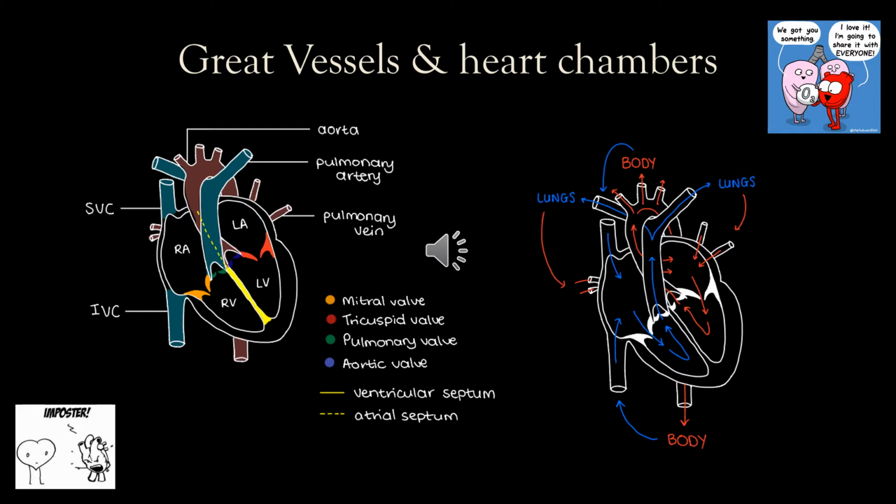And if we take Madonna's advice and open your heart, we would find that the heart is made up of 4 separate chambers: the right atrium, the left atrium, the right ventricle, and the left ventricle. The atria are separated from each other by an atrial septum, and the ventricles are separated from each other by a ventricular septum.